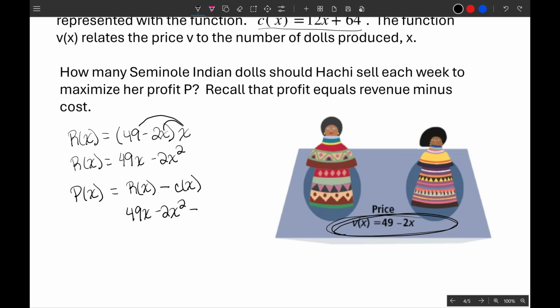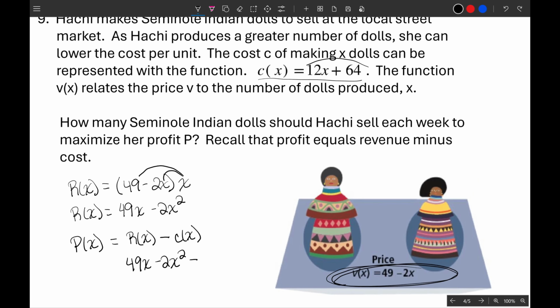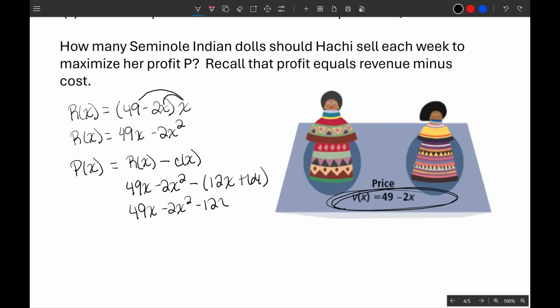And I'm going to subtract the cost. Now, they gave me the cost up here. It's 12x plus 64, but it's coming behind a subtraction sign. So I need to put that in parentheses so that I can then distribute that negative. So I have 49x minus 2x squared minus 12x minus 64.